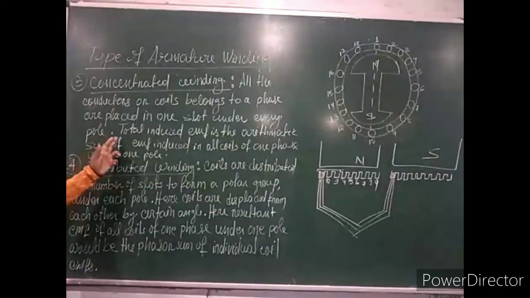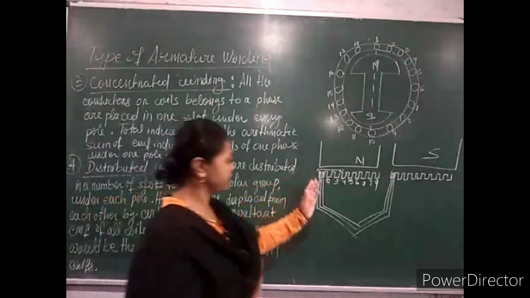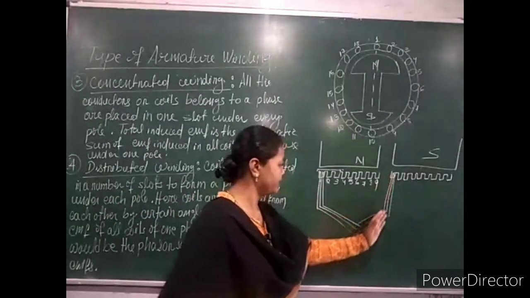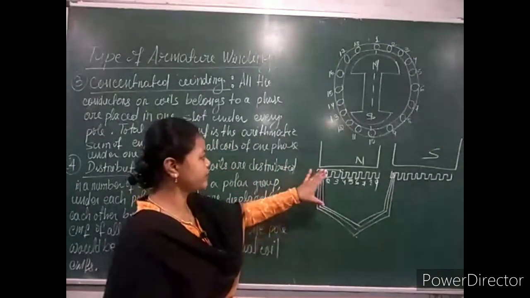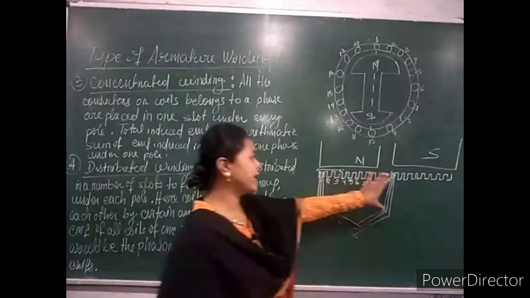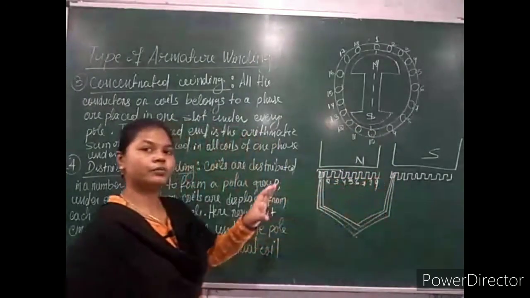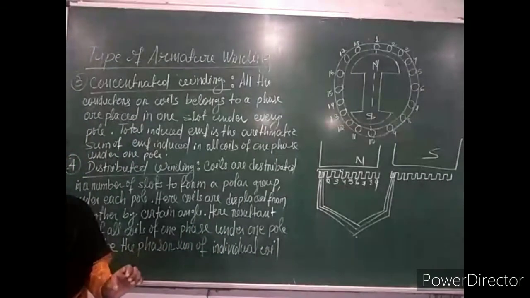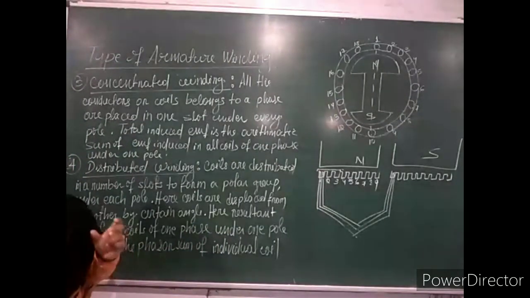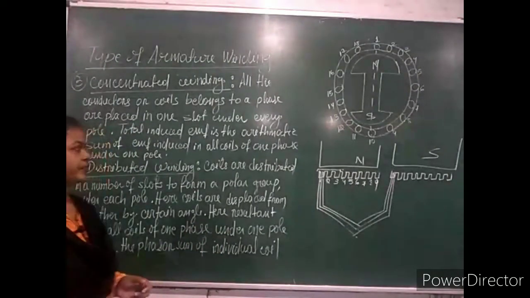The total EMF induced in this coil is the algebraic sum of the EMF induced in coil side 1 and coil side 2. Here we take the algebraic sum of EMF to get the resultant EMF of a particular coil.